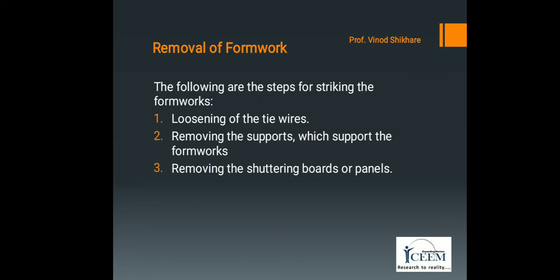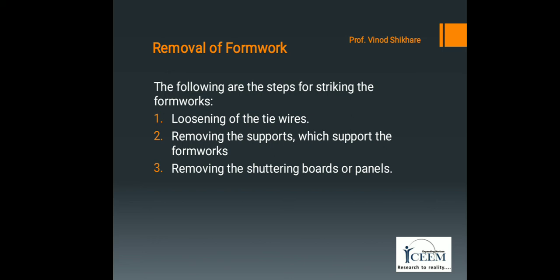Under normal circumstances, when the temperature is 20 degrees Celsius and the cement used is OPC cement, the formwork may be stripped after the expiry of some period. For vertical sides of columns, walls, beams, and slabs, the period is 1 to 2 days.